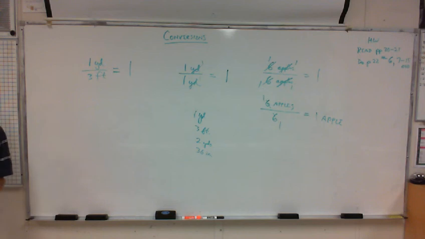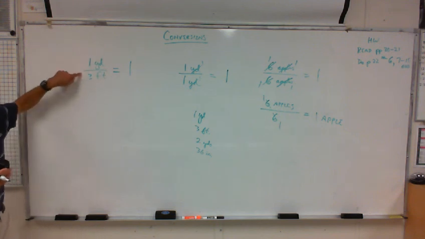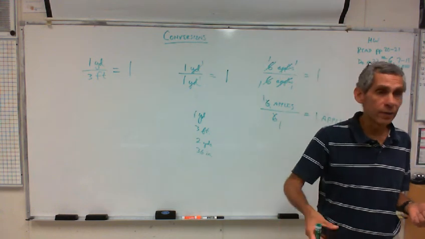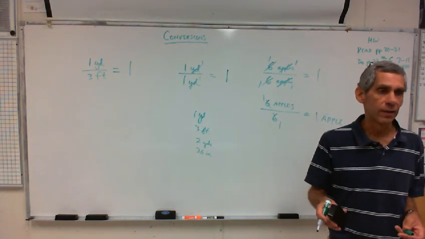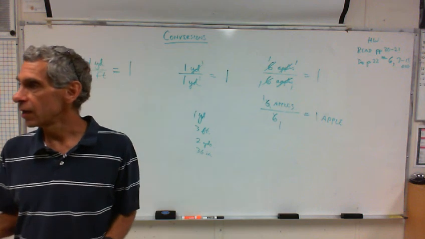Not 1 foot, not 1 yard, not 1 anything, just 1. Do you follow me? So this is called a unit multiplier, and that is what we're going to work on tomorrow. You're going to read about it tonight, and then I'm going to go into detail on it tomorrow. I just don't want to keep you during the break, so you guys can go.